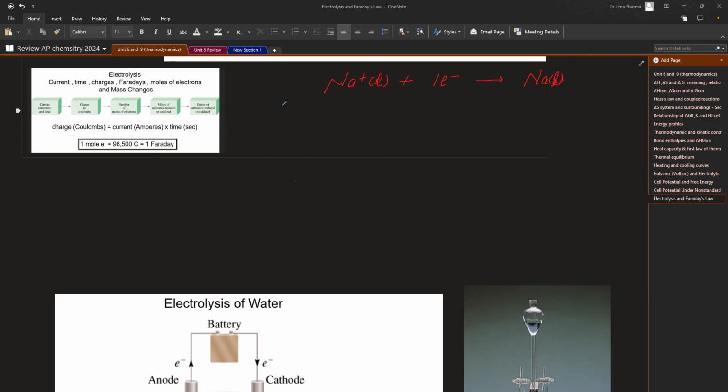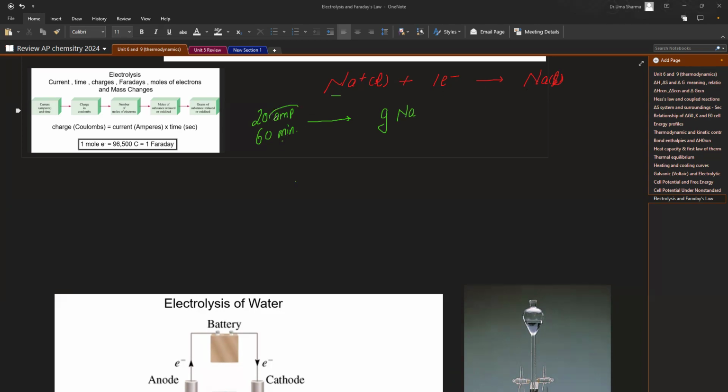If the amount of current given is 20 amperes for 60 minutes, can you calculate the grams of sodium that can be formed in that electrolytic cell? So 20 amperes, 60 minutes is given. This is the equation.